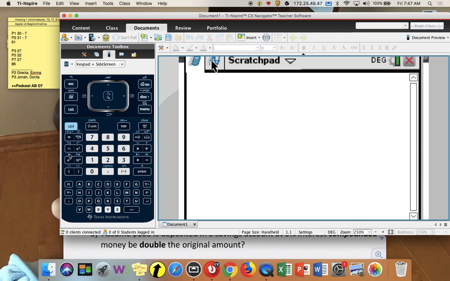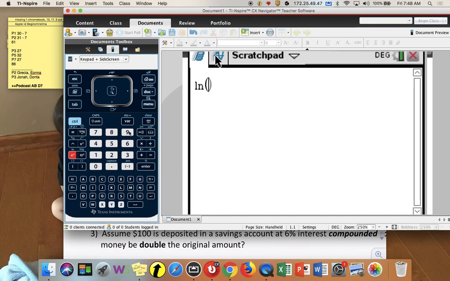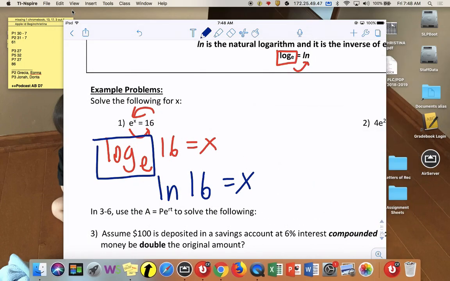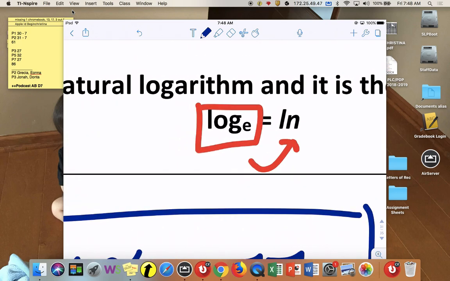Okay, so ln is right here above e to the x. So we're going to hit control and then e to the x, so there's ln, natural log. And we have 16. And then we get our answer. It's about 2.77. So let's write that down. x is about 2.77.